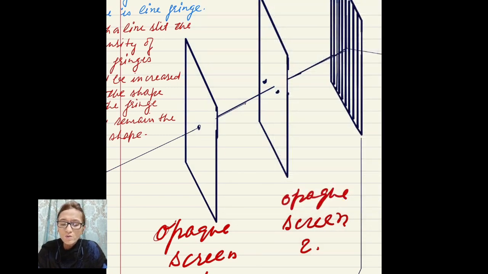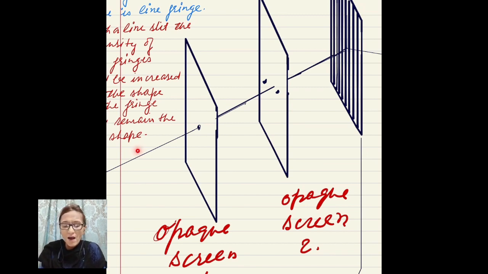He took 2 slits in the second screen which are equidistant from this axis, the bisector axis. So this is what he devised, and he kept everything in a dark room.